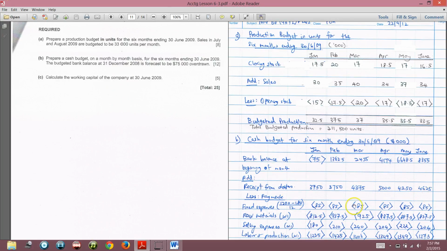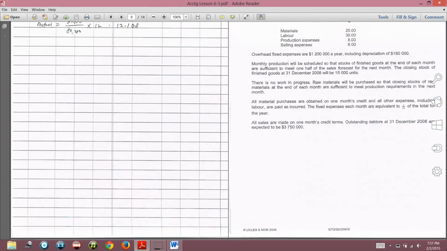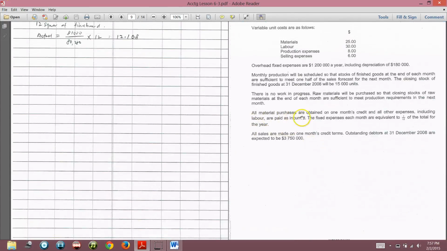Okay, then payments. What is the other information? All material purchases are obtained on 1 month credit, and other expenses including labor are paid as incurred. The fixed expenses each month are equivalent to 1/12 of the total for the year.